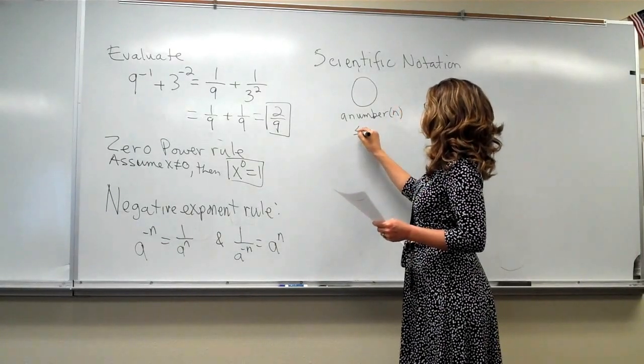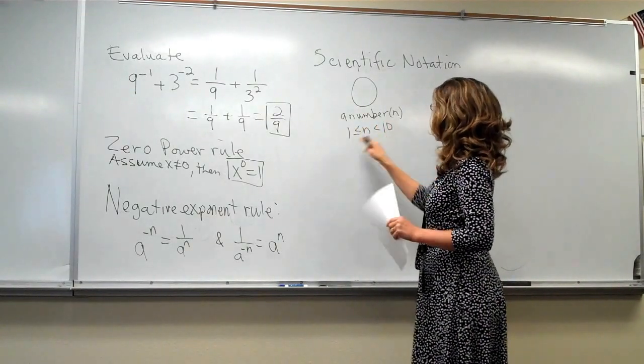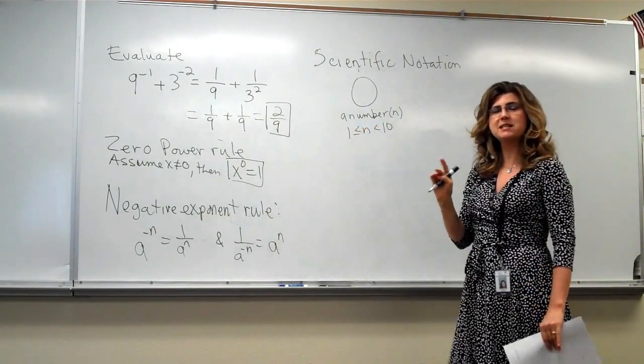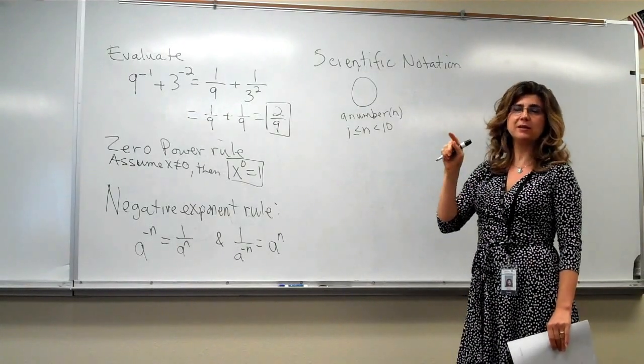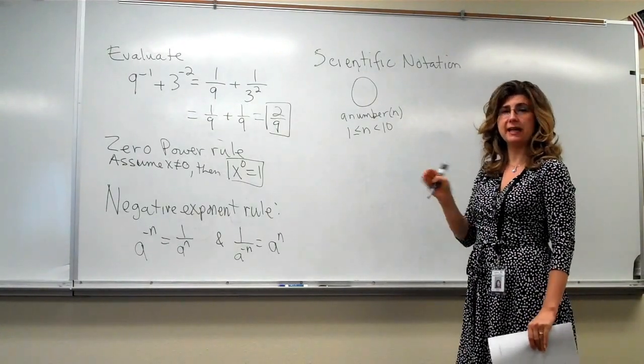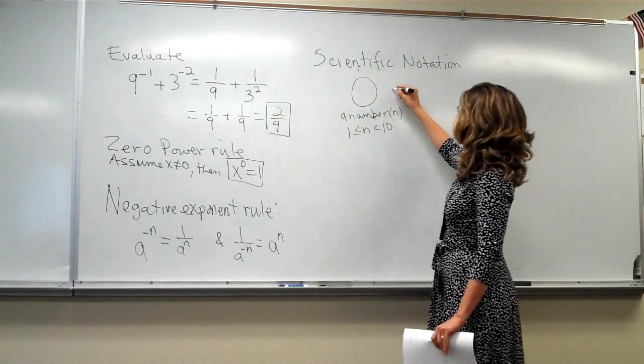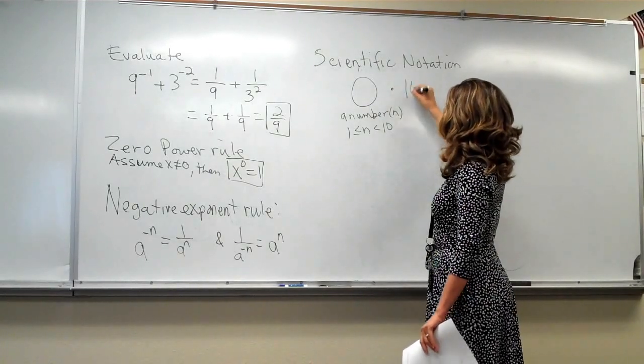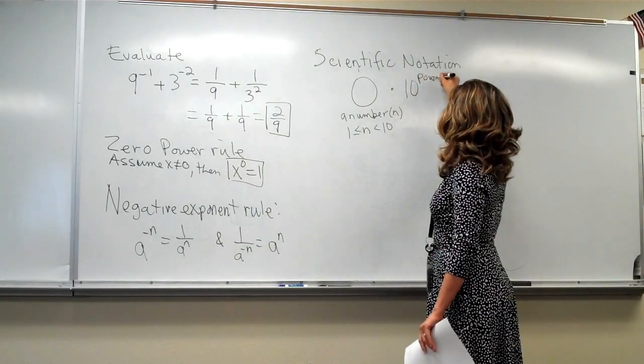N has to be between 1 and 10. It has to be a single digit or a digit with decimals after it that's between 1 and 10. It can be 1, but it cannot be 10. And then we multiply that times 10 to a power.